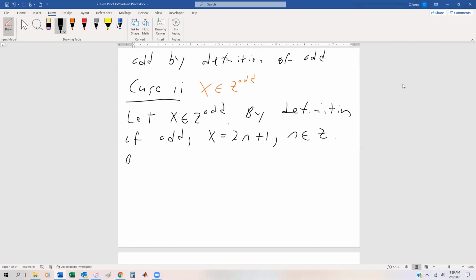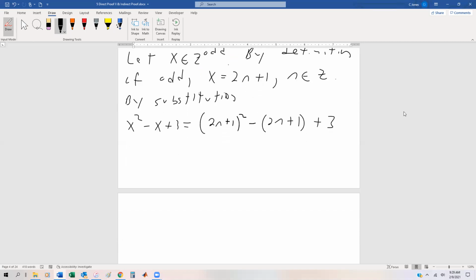We're going to do our substitution. So by substitution, x squared minus x plus 3 is now going to become quantity 2n plus 1 squared minus quantity 2n plus 1 plus 3.